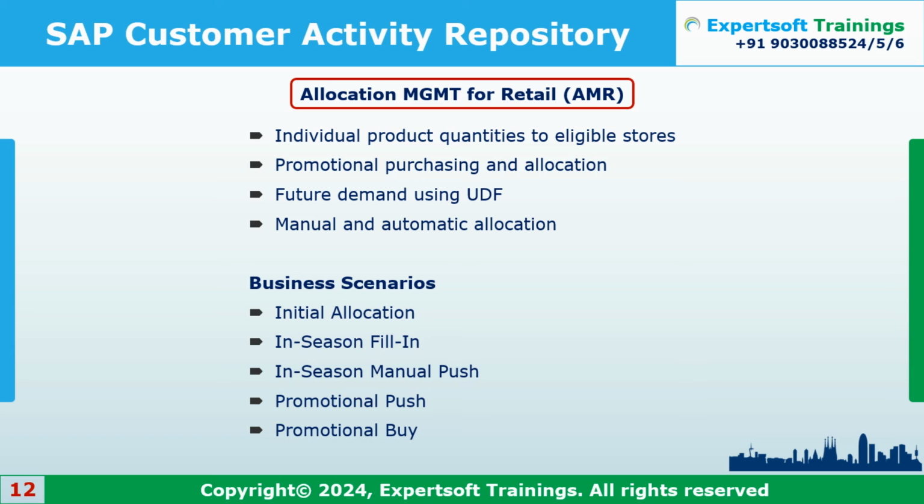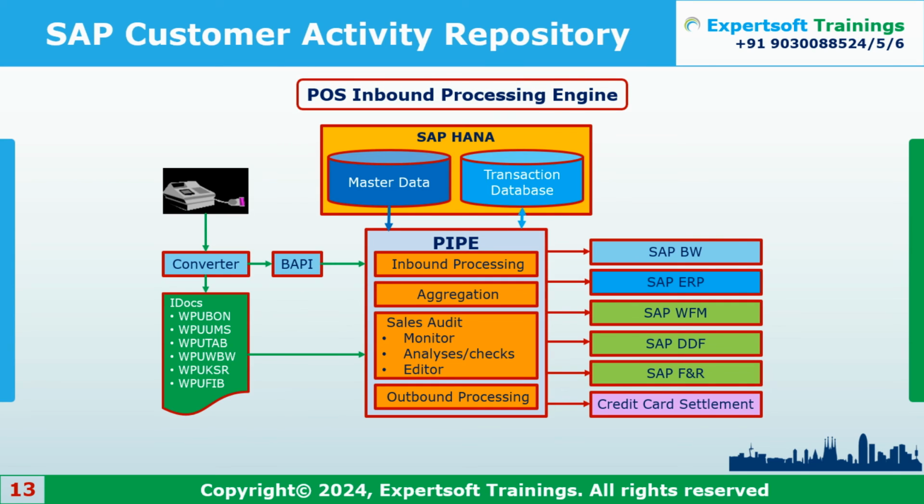And then again we spoke about POS inbound, the iDocs, and this is again a detailed level architecture. How does it look? You have the HANA database wherein we have POS master data and transactional data. That data is held, and then we have the pipe. Earlier it was mainly working as a pipe.